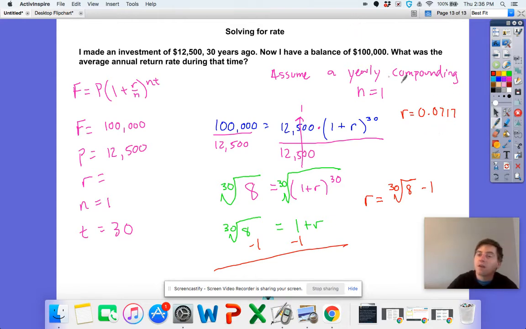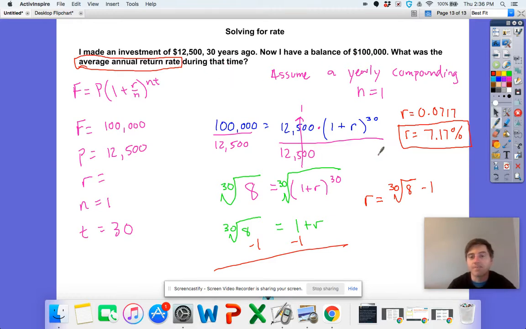Just like when you convert a percentage to a decimal by moving the decimal to the left twice, you can convert it back by moving it to the right twice. 1, 2. So that is 7.17% here. Your average annual rate of return was a little over 7% over those 30 years, and it turned your 12,000 into 100,000.